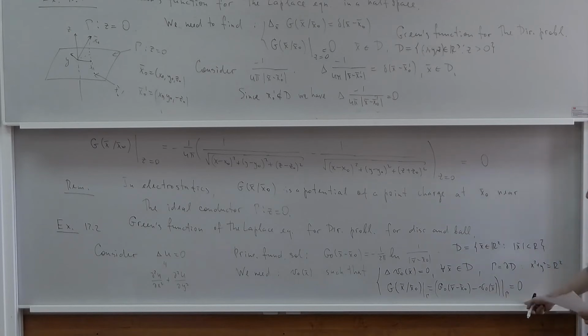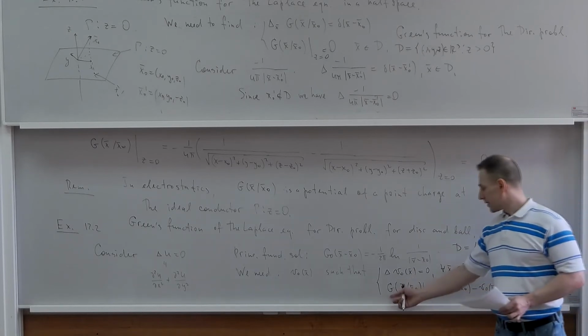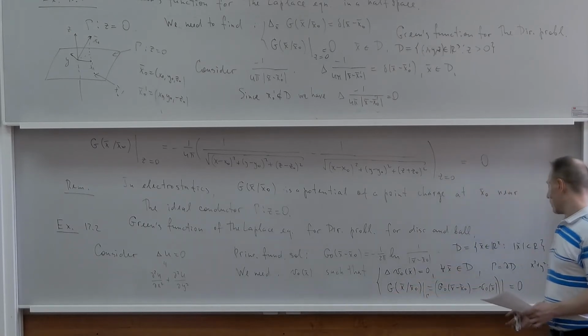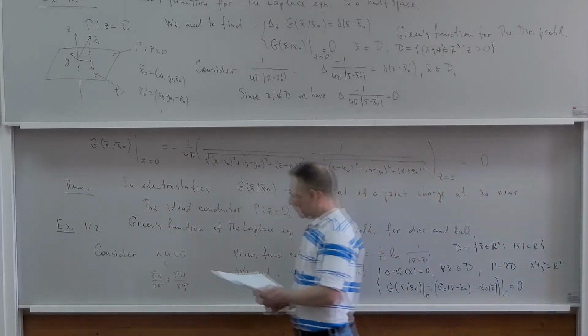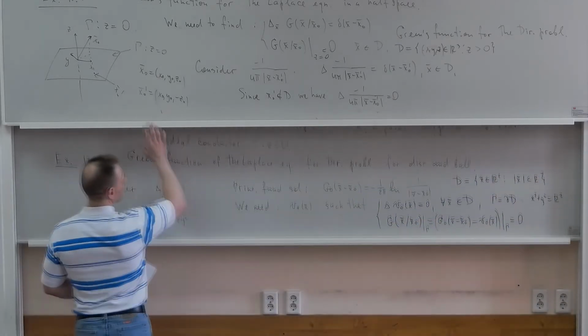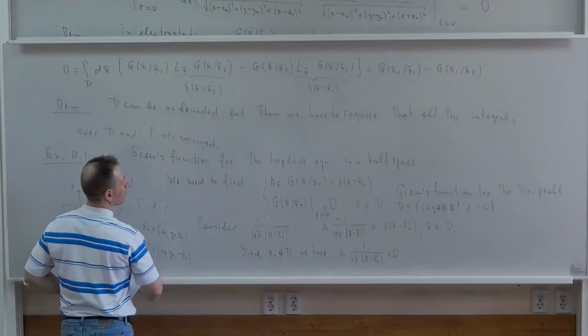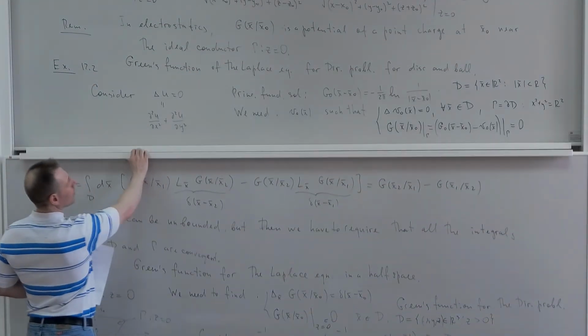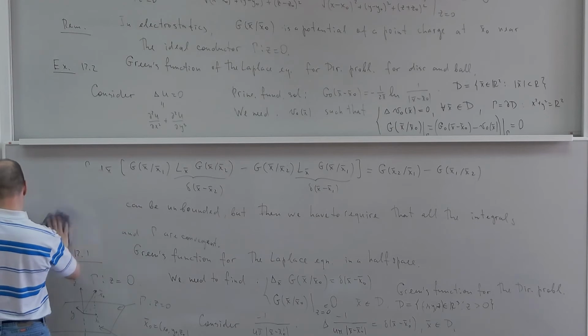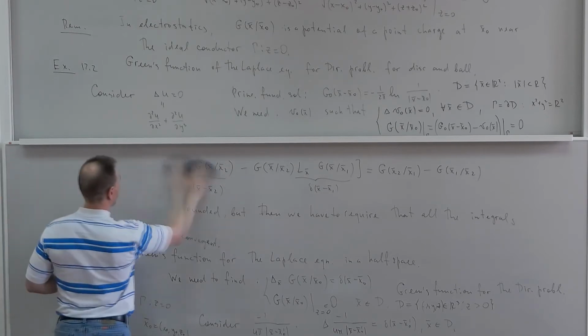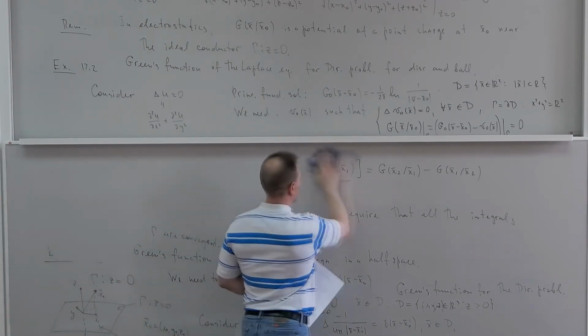Thus we have the following equation. That is, this Green's function should be 0 on the boundary gamma.